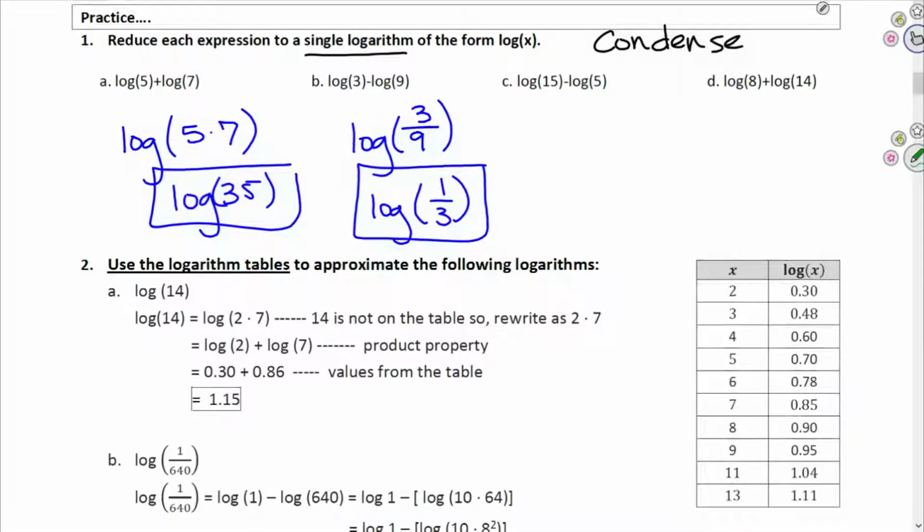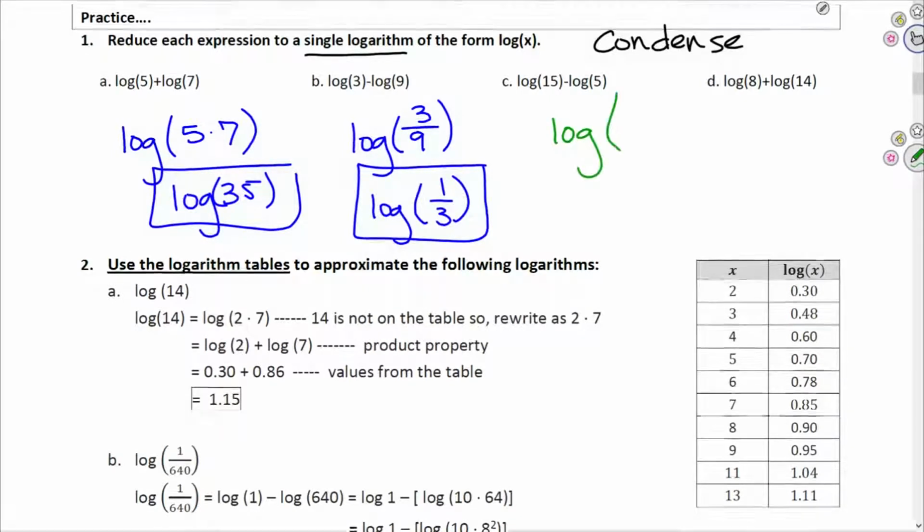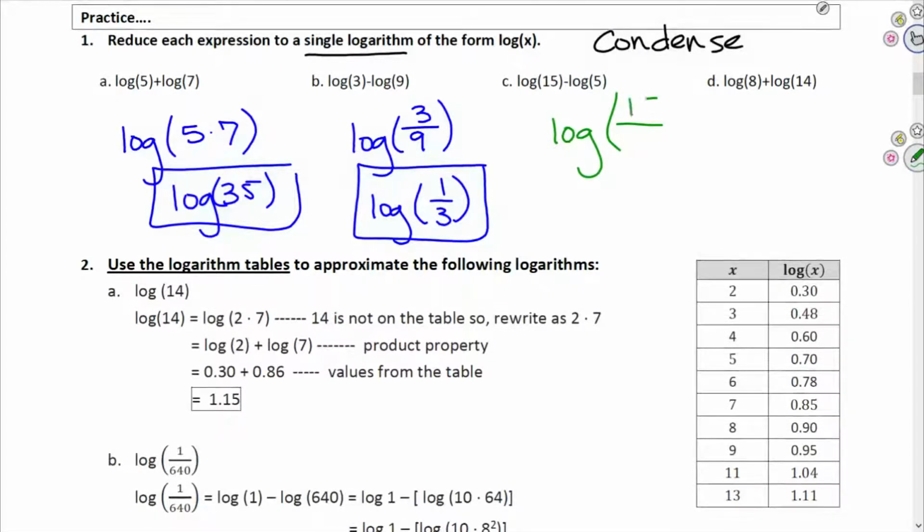Log of 15 minus the log of 5. They have the same base, so I'll write it as a log. The positive log of 15 means that 15 goes in the numerator. The negative log of 5 means the 5 goes in the denominator. 15 over 5 is equal to 3, so I get the log of 3.